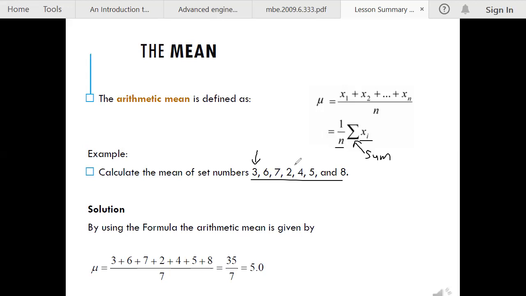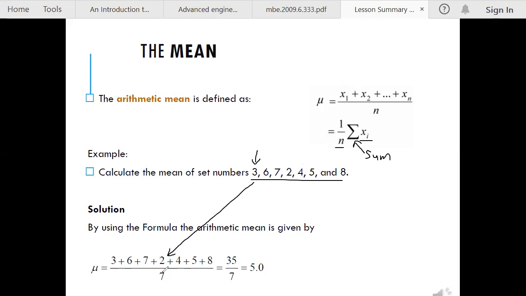Data given. So if we are summing, that will be 3 plus 6 plus 7 plus 2 plus 4 plus 5 plus 8, over how many data do we have? 1, 2, 3, 4, 5, 6, 7.